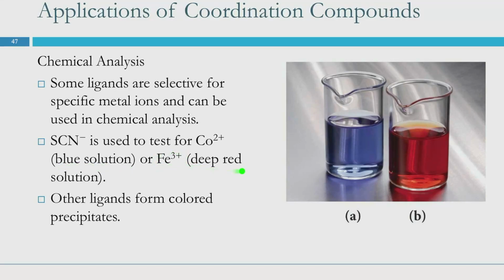In the case of iron 3+, it produces a deep red solution. So sometimes this can be indicative of having particular ions of different metals in solutions, depending on what sort of precipitates we have, what sort of colored solutions we get. So useful for qualitative analysis.